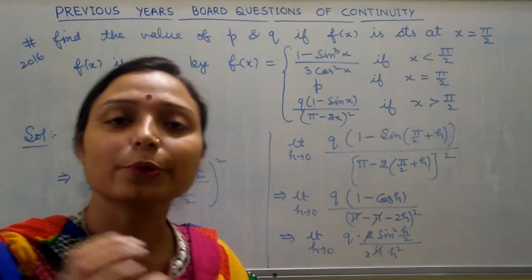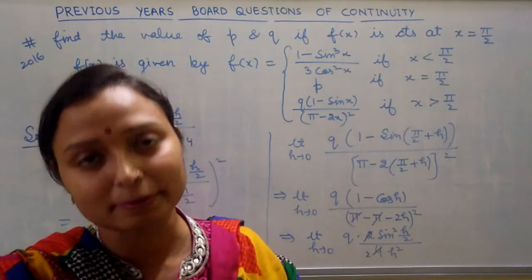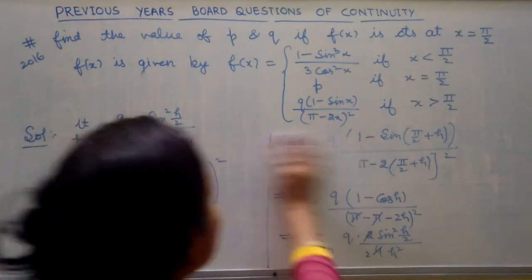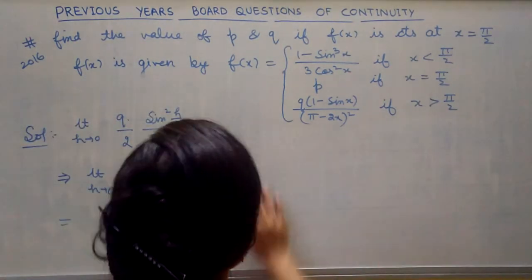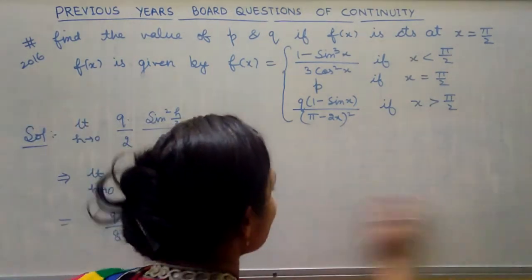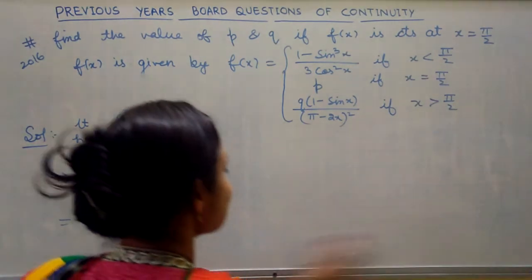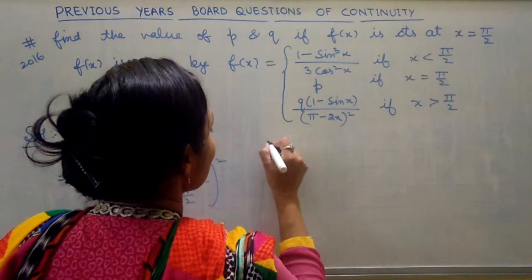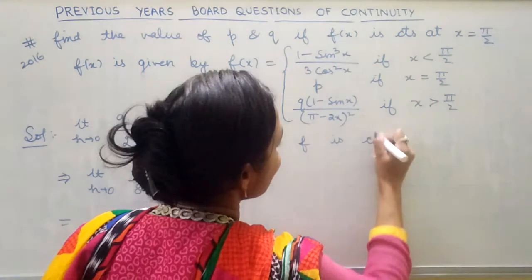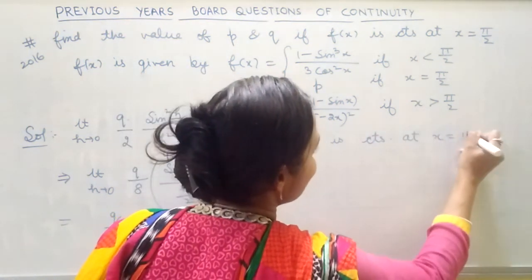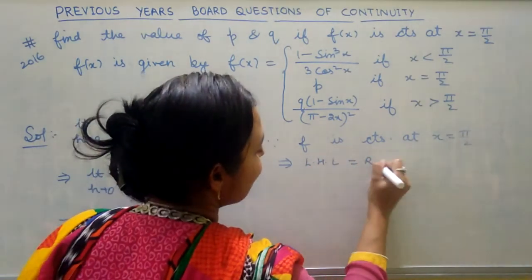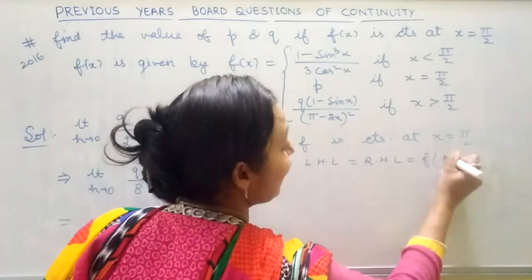At the last we have to equate the left hand limit, right hand limit equals to f of pi by 2. I will equate these three values. The left hand limit comes 1 by 2, as you all know. Because we have to write the reason: because f is continuous at x equals pi by 2, this implies left hand limit equals right hand limit equals f of pi by 2.